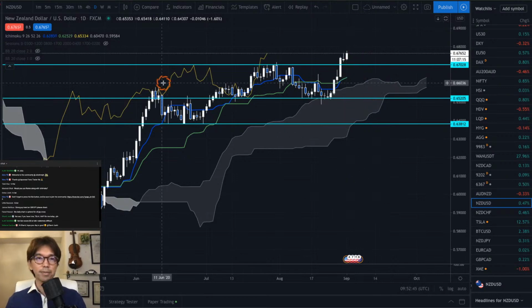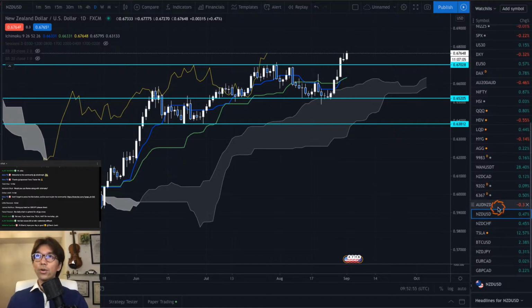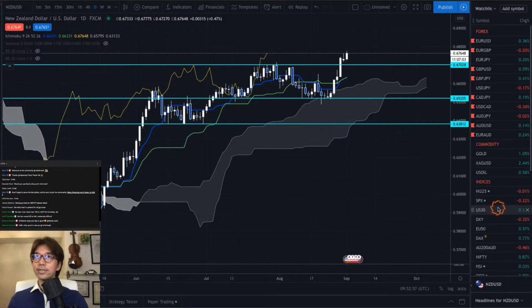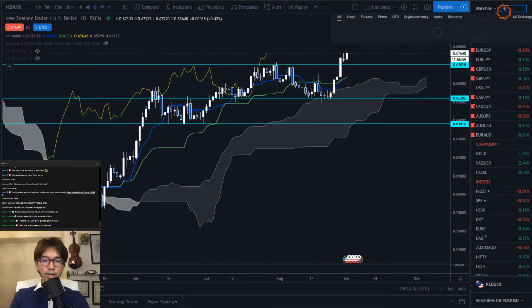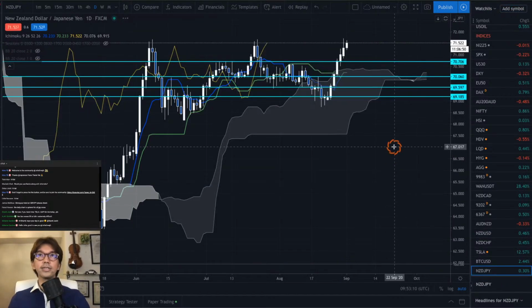So that's New Zealand USD, and then we're gonna look at the New Zealand JPY finally, and then we're gonna end the live for now. Okay, so New Zealand JPY, NZD JPY, and here it is.